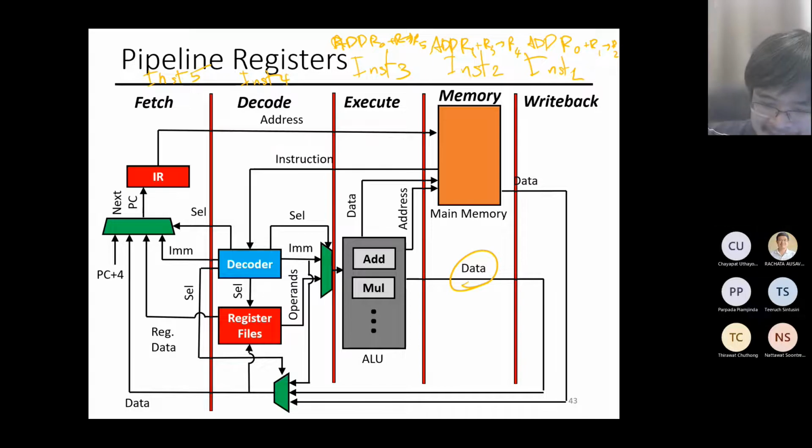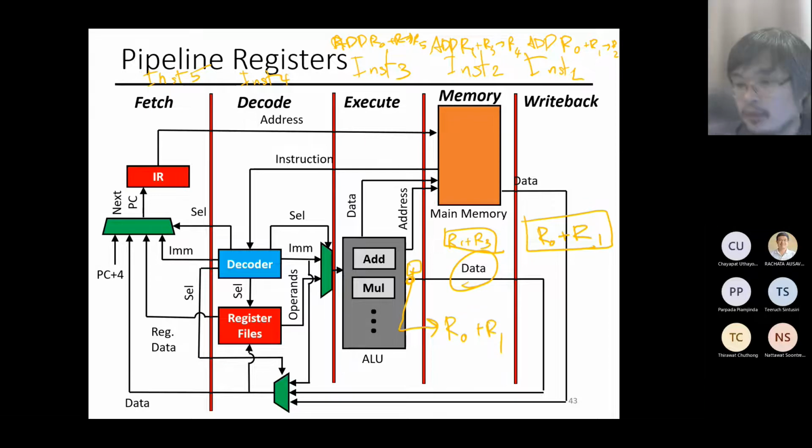So this data line for this stage right here, what do you want to have for the results? This should be R0 plus R1, and this is basically going to R2. In the memory stage, it should have R1 plus R3. And over here, this thing should have R0 plus R1, which goes to R5.